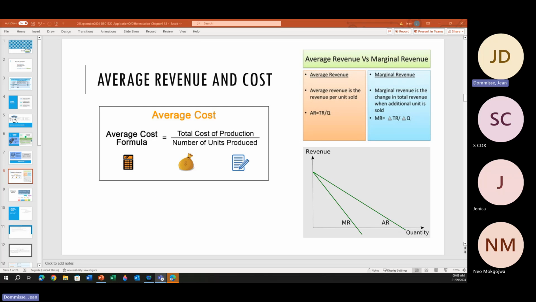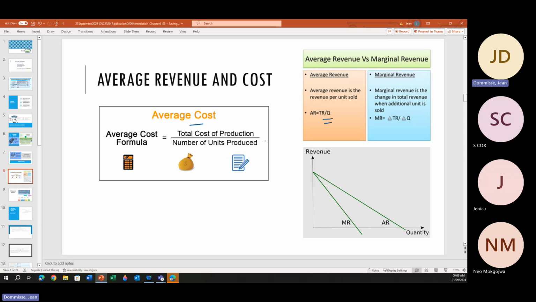And then there is hopefully the one that talks about your average revenue versus marginal revenue. So you can just see your average is total revenue divided by Q, where your marginal is that change in total revenue divided by Q. Okay, so that is the big difference between the two, and that is going to be the same with your cost function.